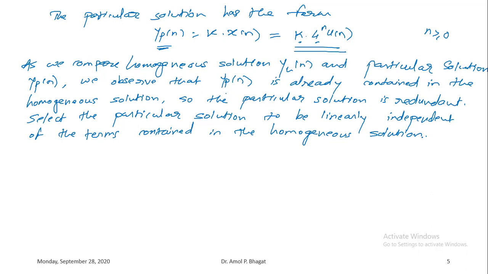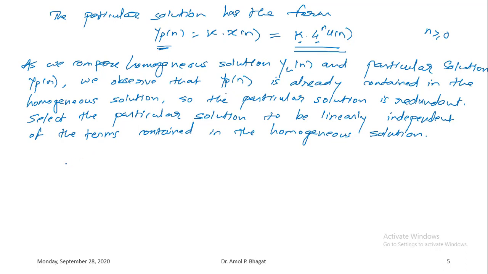So we have to modify this particular solution. Simply, we will be modifying this particular solution, so you have to select the particular solution such that it will be linearly independent with respect to the homogeneous solution, right?